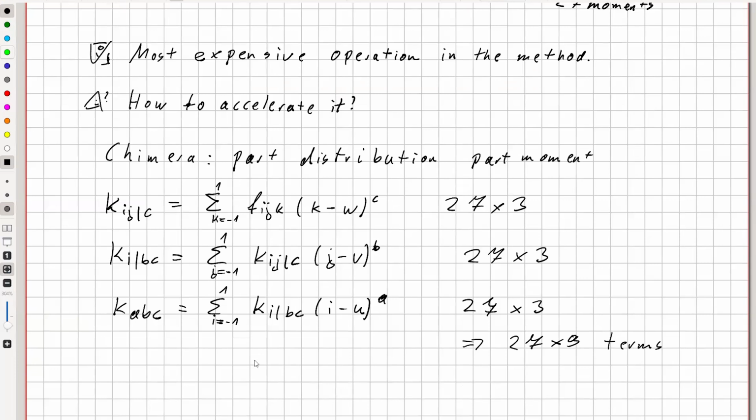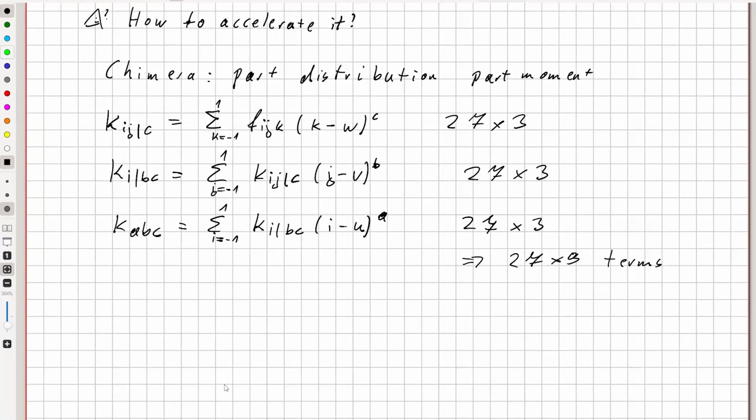I also believed that it is 3 times less until I counted the operations and recognized that in between we also have the terms over which we sum, and they are also shorter. So it's a little bit more involved.